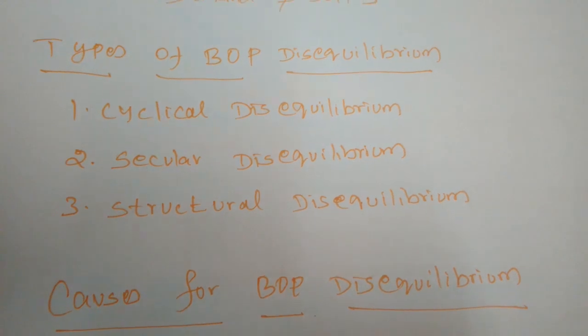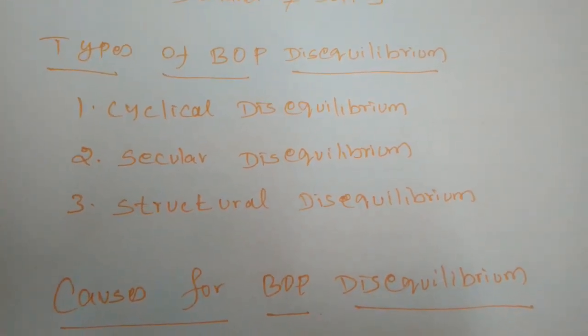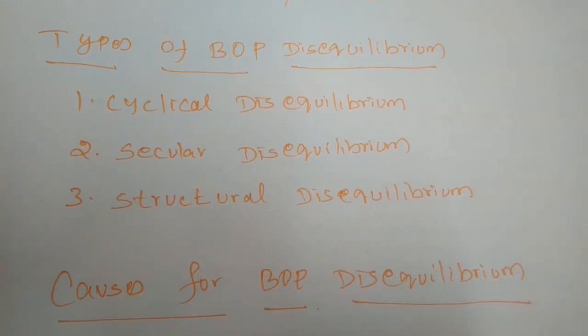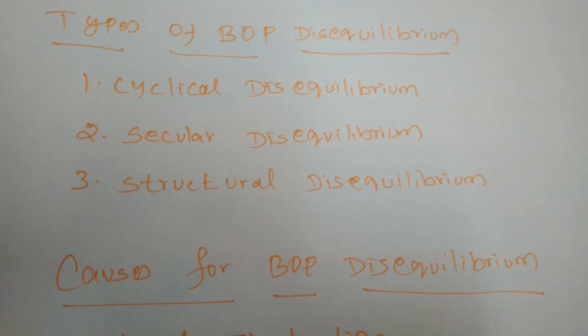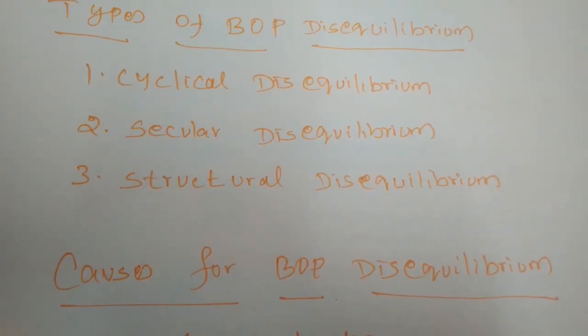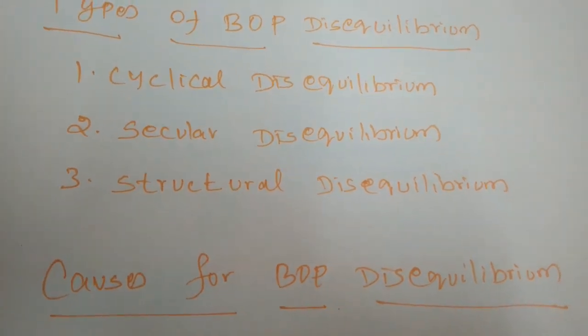Next, secular disequilibrium, the long run disequilibrium. The long run disequilibrium in balance of payment arises because of long run and deep seated changes in an economy as it advances from one stage of growth to another.